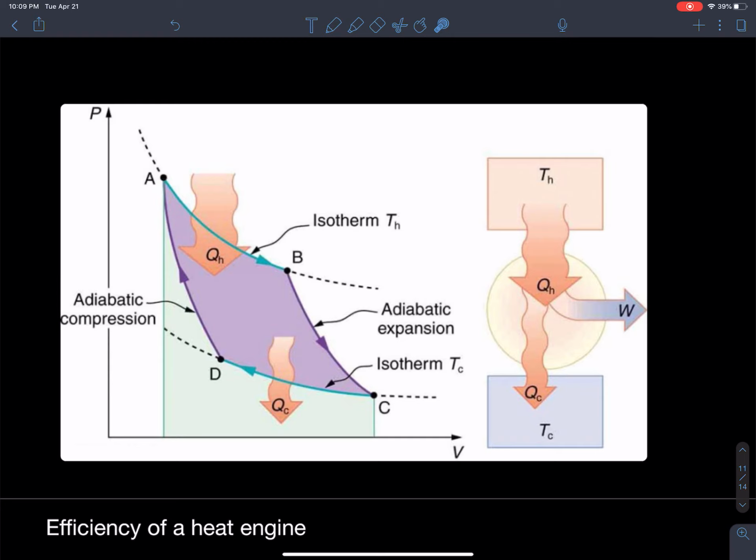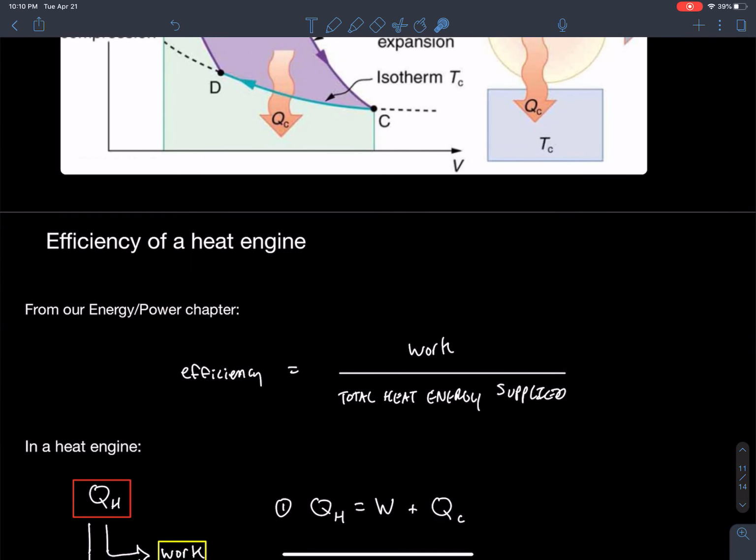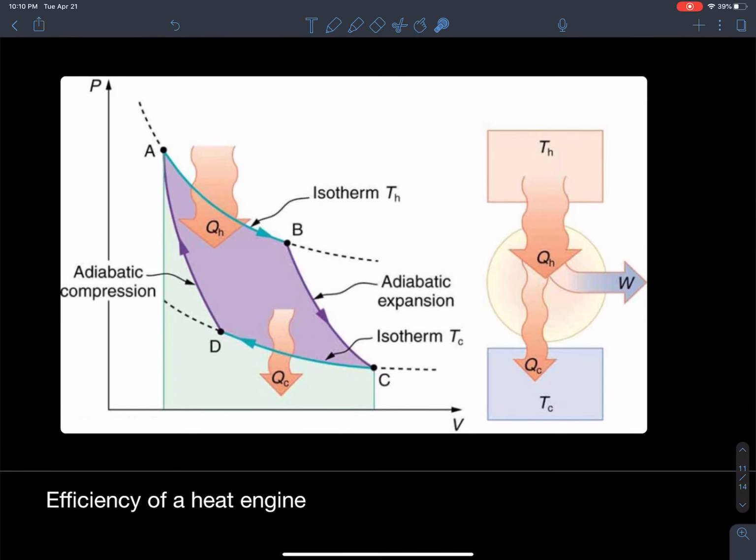So how would I calculate the efficiency of that Carnot cycle? From the energy and power chapter, we know that the efficiency of any type of heat engine is equal to the work that it did divided by the total energy supplied. And like I said, it would never be 100%, because in order to get that heat to flow through the system, I have to draw it to a cold sink.